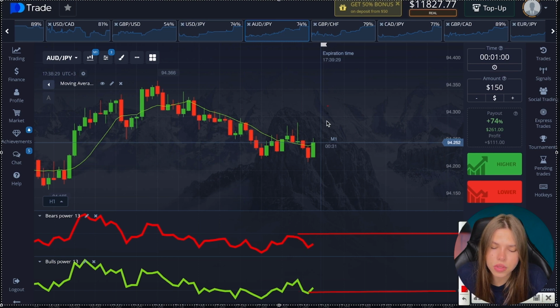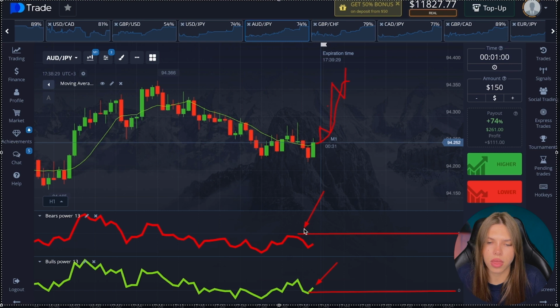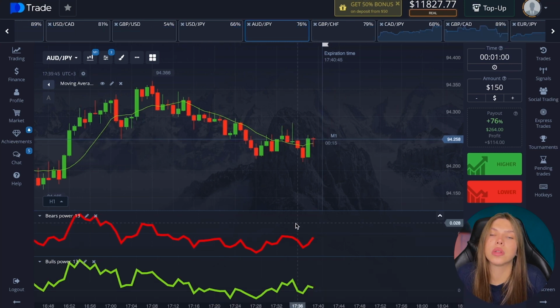In the opposite situation, for example, here our chart went up and this moving average would go like this, and the trend will be on the rise. It would be necessary for the bulls to be above zero and go up, and the bears should be above zero or at the border. Then we will be able to trade on an increase. I hope now it is more or less clear.